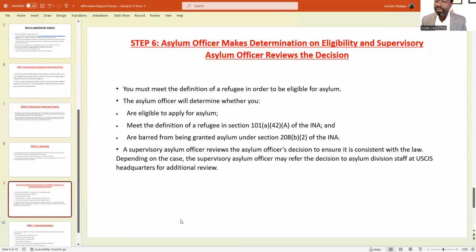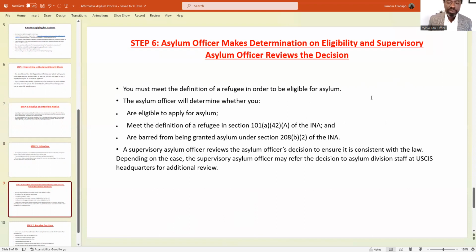Step 6, asylum officer makes determination on eligibility and supervisory asylum officer reviews the decision. You must meet the definition of a refugee in order to be eligible for asylum.